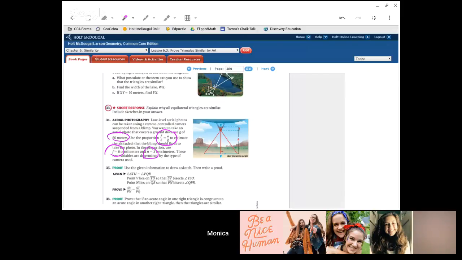They tell you the F and the N also. So you're just going to plug into that proportion to solve. Does that make sense? Lily, does that make sense for you?